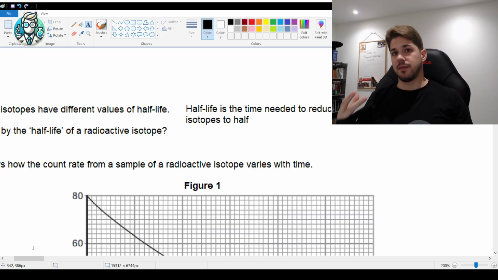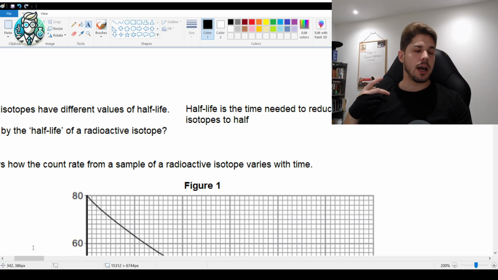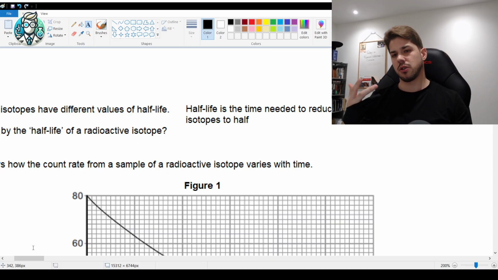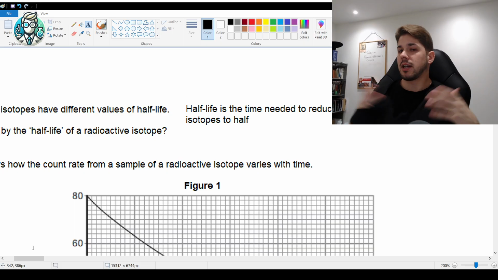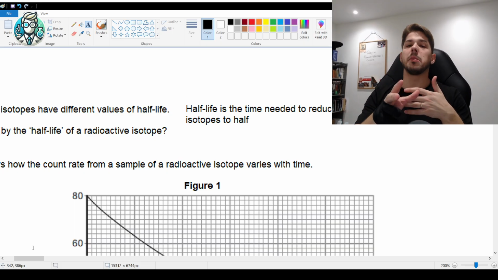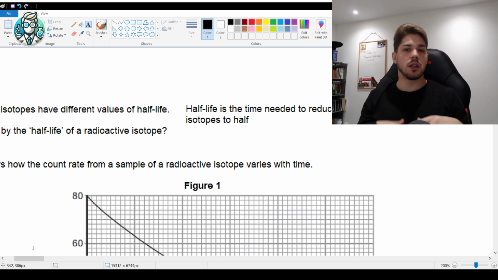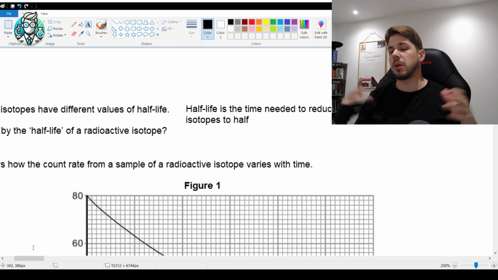And we measure half-life because radioactive decay is a random process. We don't know when it is going to happen. Radioactive decay, which is the process of one radioactive isotope to emit radiation, can happen now, 1 day, 2 days, 3 days, 4 days, 1 million days, 1 million years.